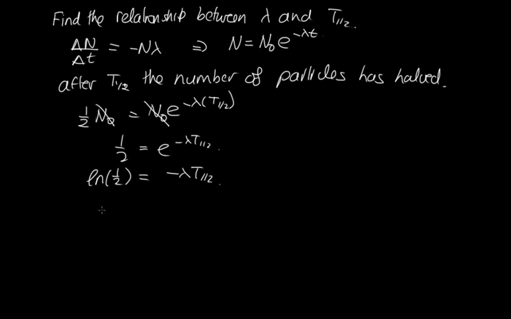And so we can write this as minus log 2 is equal to minus lambda times the half-life, the minuses cancel out, and we end up with the half-life is equal to log 2 on lambda. So we've now come up with a relationship between the half-lives, which are easy to understand, and lambda, this decay constant.